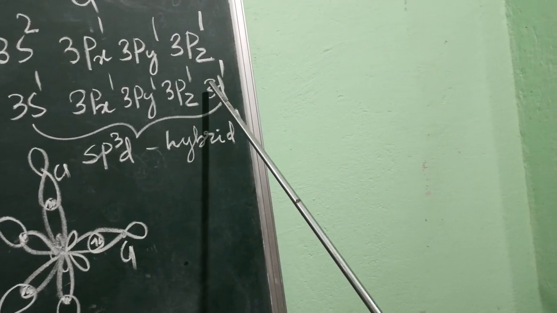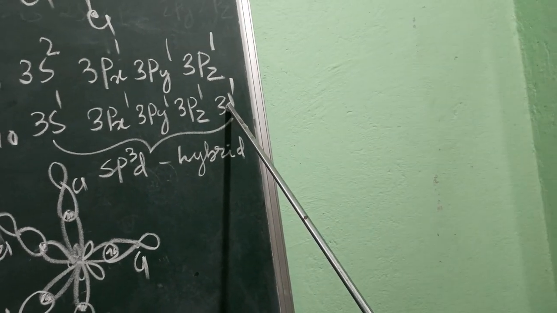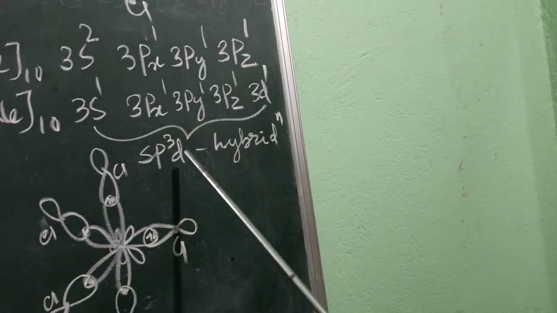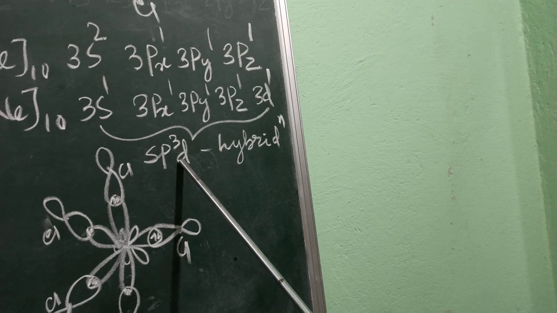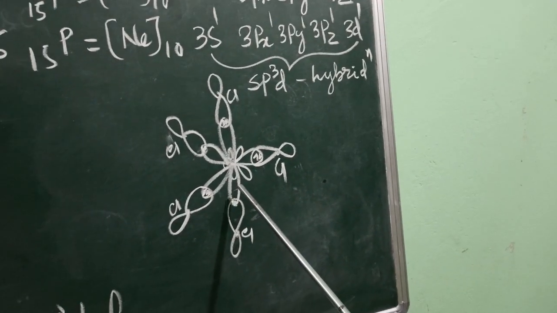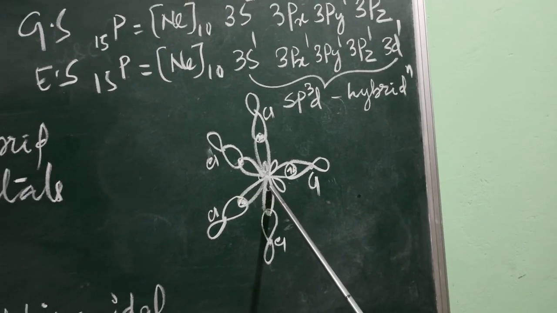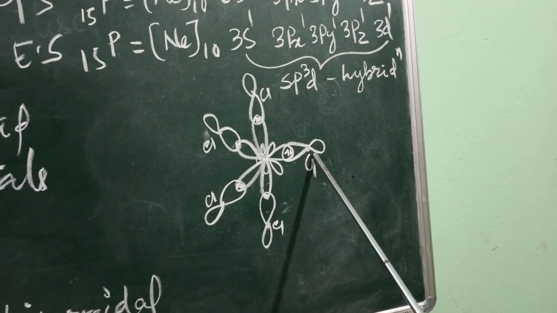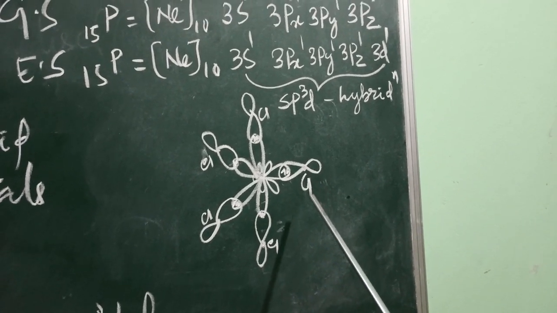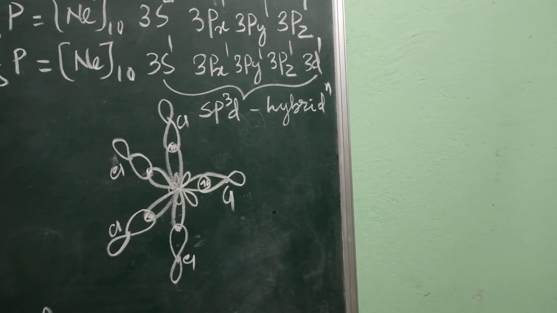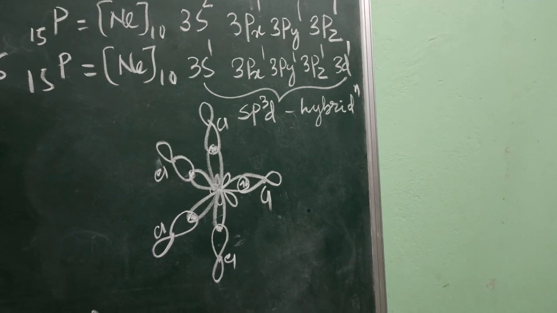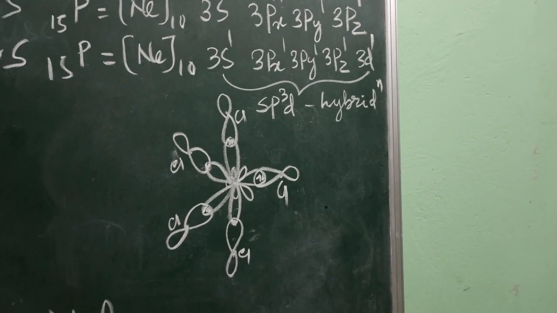Hence each orbital now has 1 electron. 5 orbitals like this get intermixed to give sp3d hybridization, and the bonding pattern of the hybrid orbitals and the p orbital of chlorine is like this. As you know, chlorine makes a bond with its valence p orbital. We can see it by writing its electronic configuration.